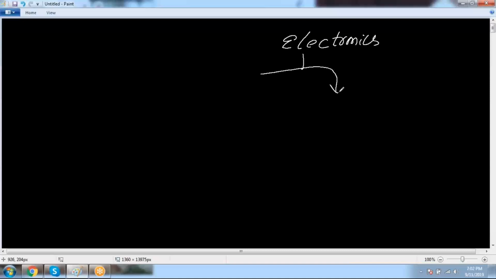The first one, I'm classifying electronics into two categories. One is signal electronics and one more is power electronics.